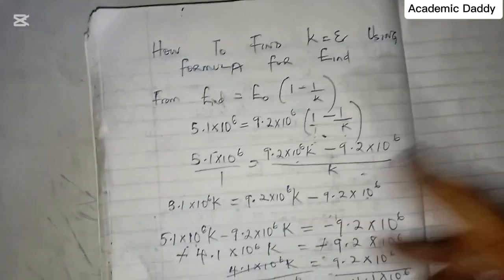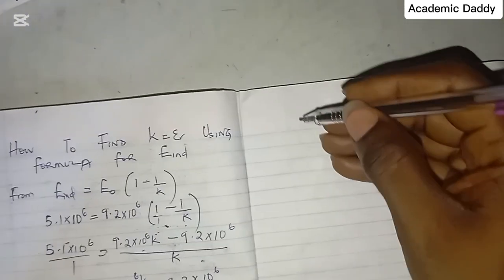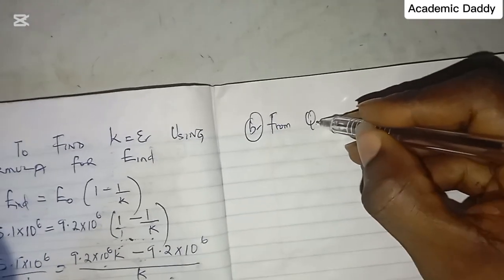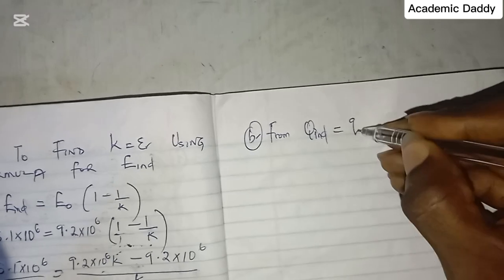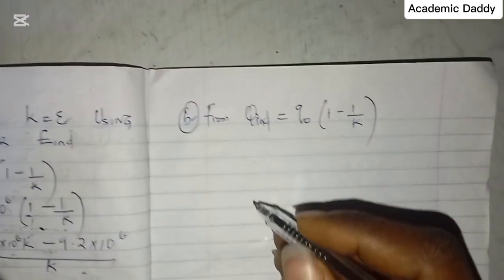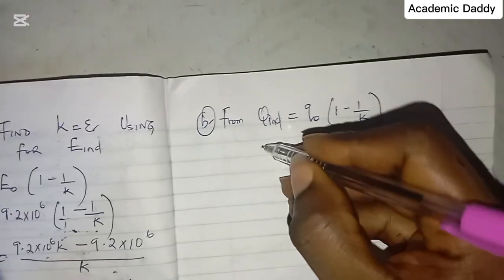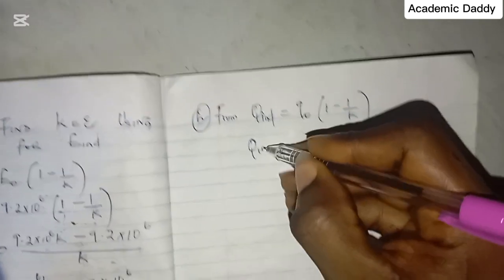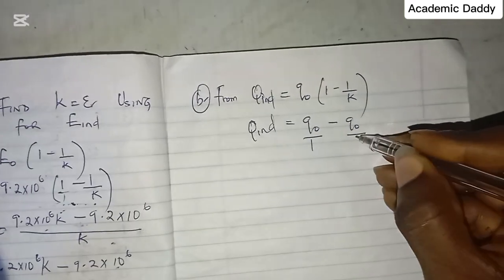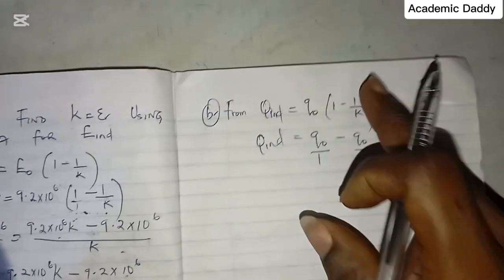So to find the magnitude of the charge induced on each dielectric surface, that's why it's important to try and remember how to use this formula, because now we can easily see that we have an equation from equation of Q induced, charge induced, to be equals to initial charge 1 minus 1 over K. Go and watch my video, I've taught you this, so that this will now be the same thing as saying Q induced equals to Q naught minus Q naught over 1 all over K. That is, this enter here, this enter here.